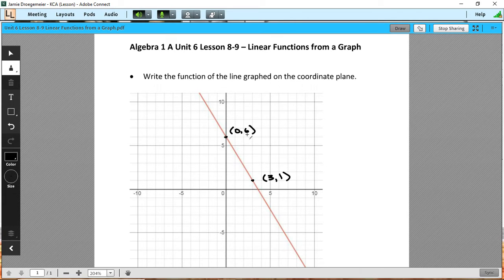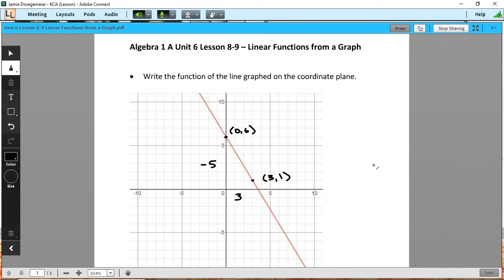And remember, I can do that mathematically. I can do it visually as well here. To go from this point to this point, I would be going down 5 places. So I'm at 6, I go down to 1. So down 5, down is negative. And then I'm going to the right 3 places.